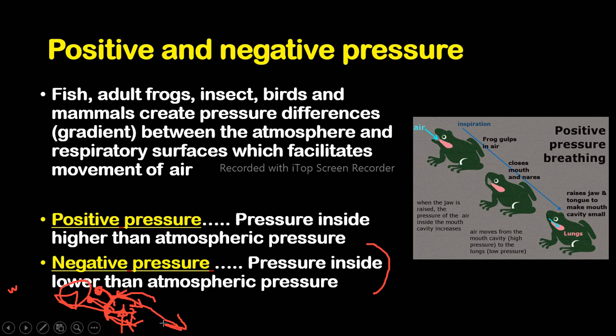Into the lungs. So this high pressure generated within the buccal cavity tends to push air out, but still it doesn't go out. Then air moves against that, which is what we refer to as the negative pressure.